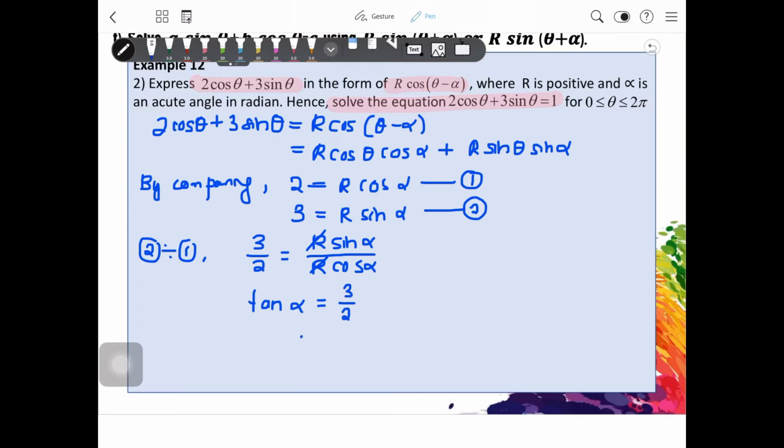So we find the angle alpha, which is tan inverse of 3 over 2, is 0.983 radian. So why do I get this in radian? It's because of the question. It says acute angle in radian.